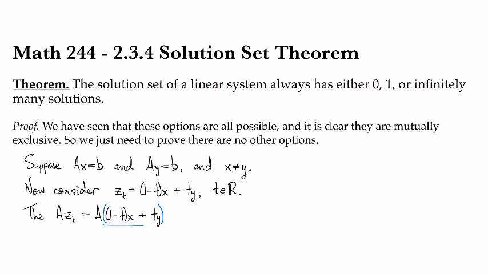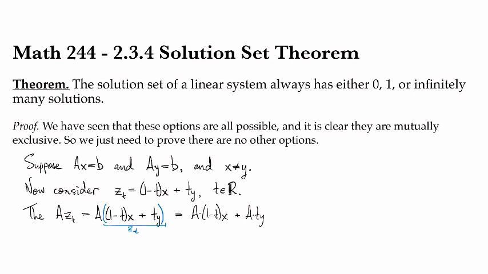So that's my z sub t. Now let's see what damage I can do to this with matrix arithmetic. Well, I can distribute the A across the sum. So it's A times (1 minus t)x plus A times ty.